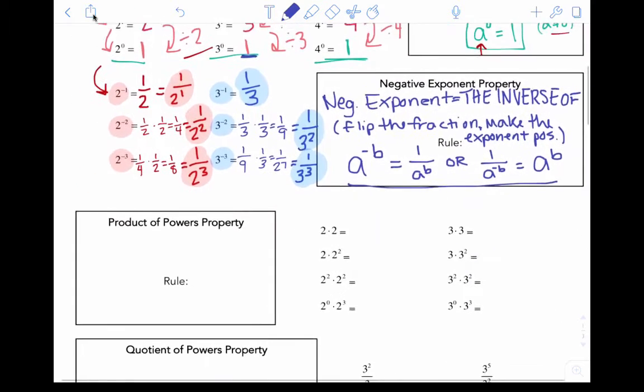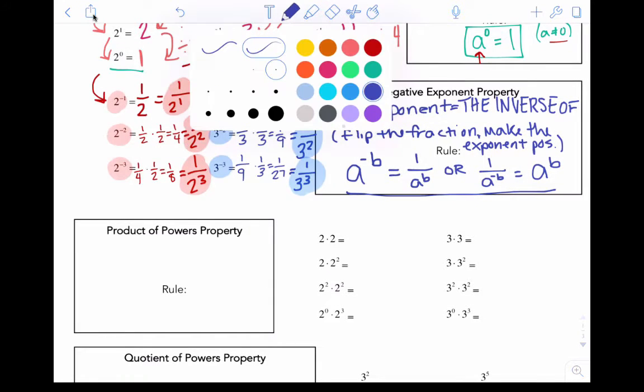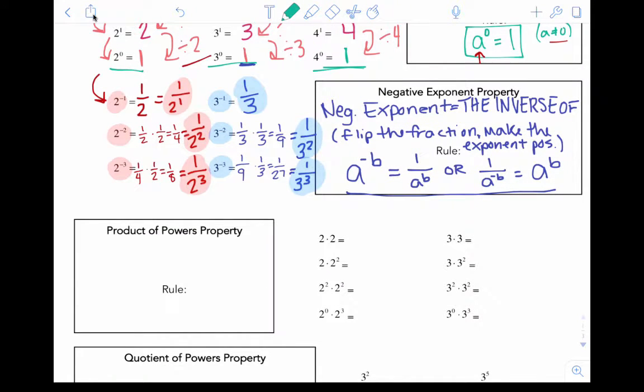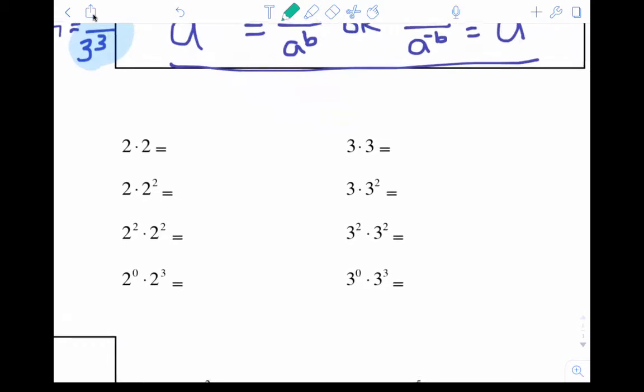I'm moving on to product of powers. Let's go ahead and look at some different products here and see if we can figure out what my rule is going to be. I'm going to zoom in here.